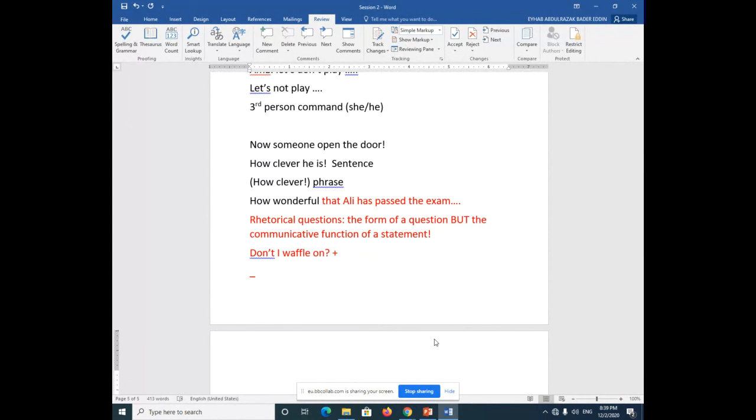For example, what difference does it make? Here it took the form of a WH question. What difference does it make? It means it made no difference. Okay?